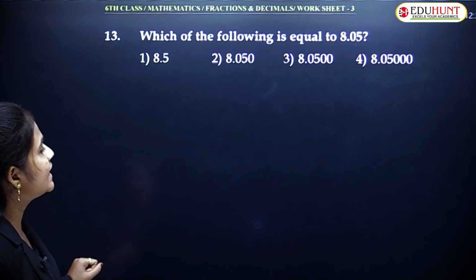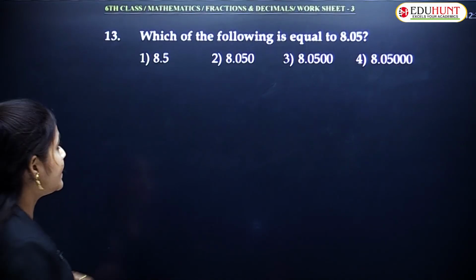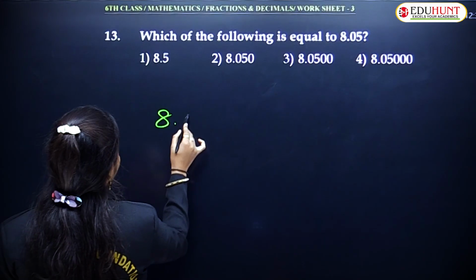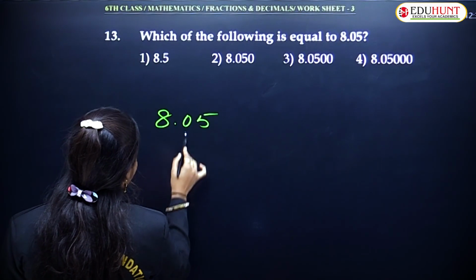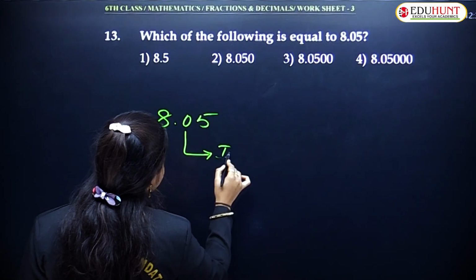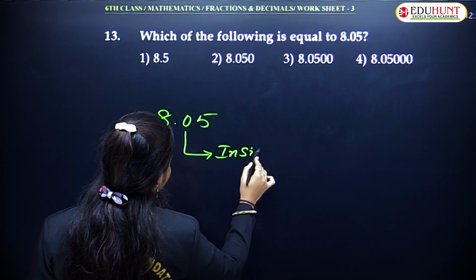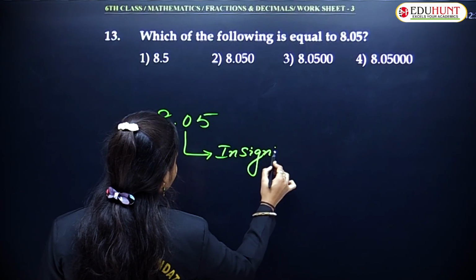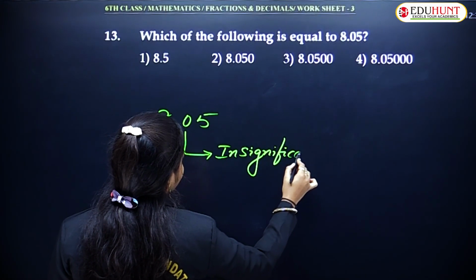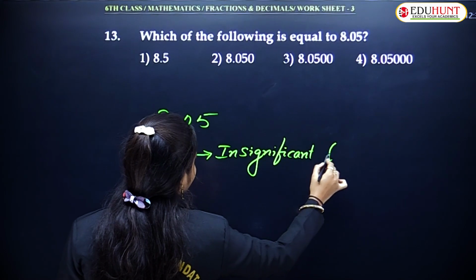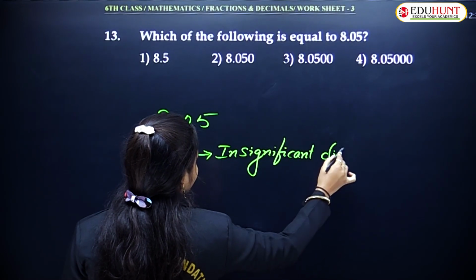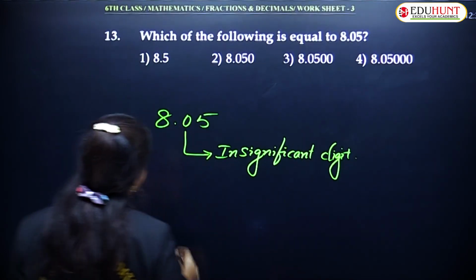Which of the following is equal to 8.05? Already I told you, this is called an insignificant digit. Zero is that insignificant digit.